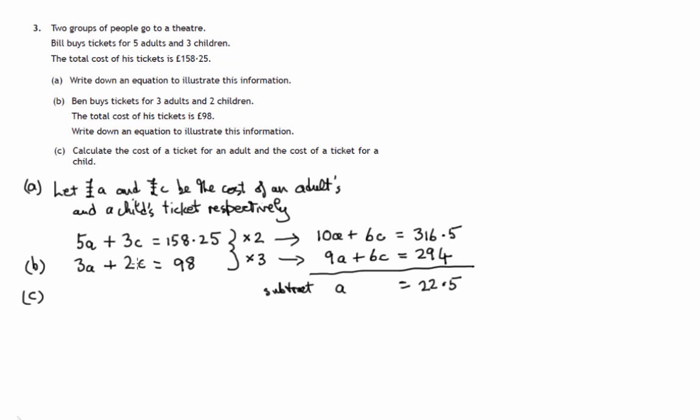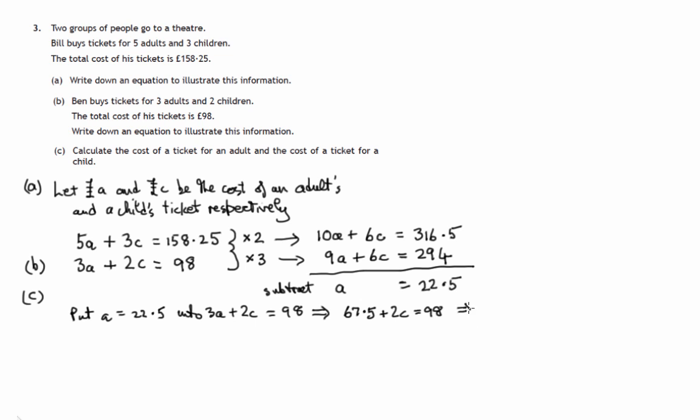Now, to find the value of C, we'd probably use this second equation. It's the simpler of the 2 equations. So we'll put what we've found, the fact that A is 22.5, into 3A plus 2C equals 98. So that would mean that 3 lots of 22.5, well, 3 lots of 22 is 66, 3 lots of 0.5 is 1.5, that's 67.5, plus 2C is equal to 98.